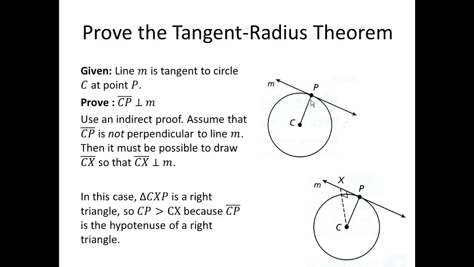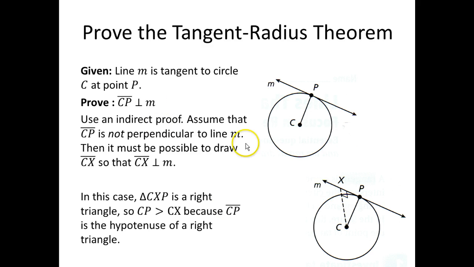So that we can find a contradiction, let's assume that CP is not perpendicular to line M. Then it has to be possible to draw some line segment CX so that CX is perpendicular to line M. The reason that's possible is because we're assuming that CP is not perpendicular to line M, so there must be some line segment that we can draw in, calling it CX, such that CX and line M do form a right angle.